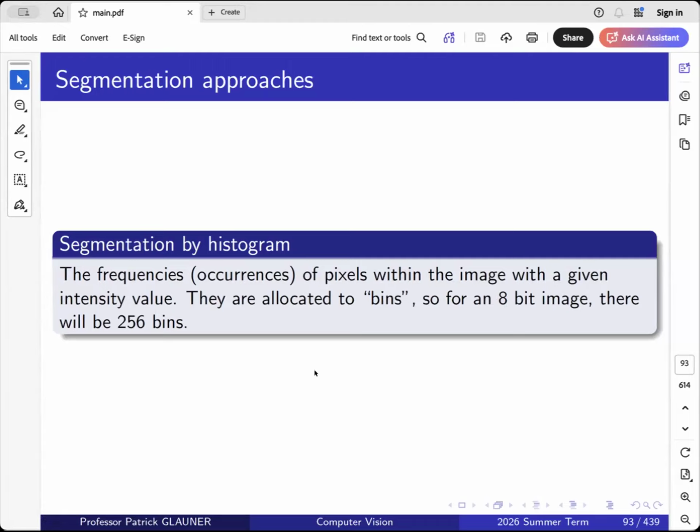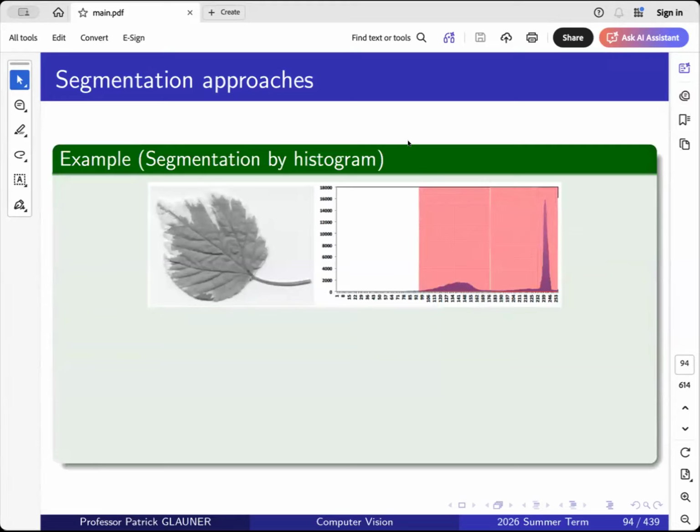So the first pixel maybe has intensity 10, the next pixel has intensity 50, and we'll just go through and count for every intensity 0, every intensity 1, every intensity 255. So from 0 to 255, so 256 different bins are needed. And this can also be visualized.